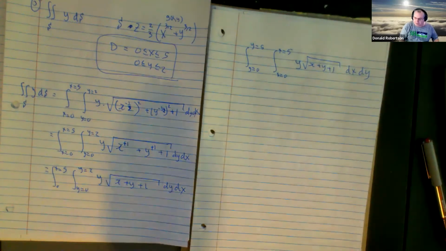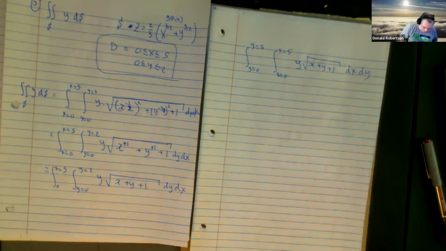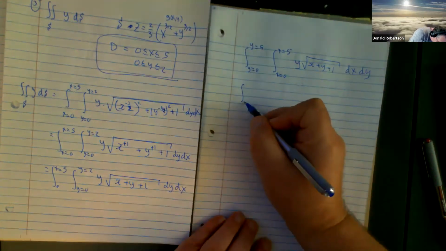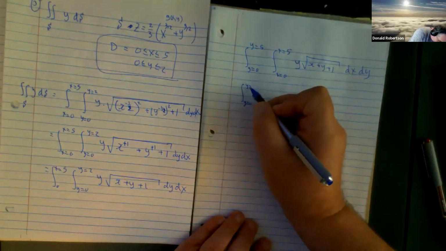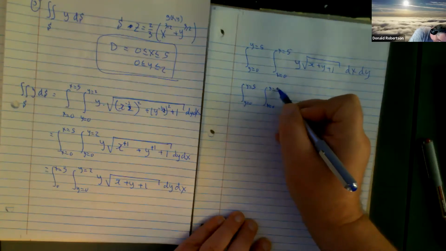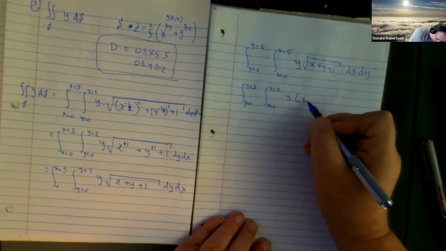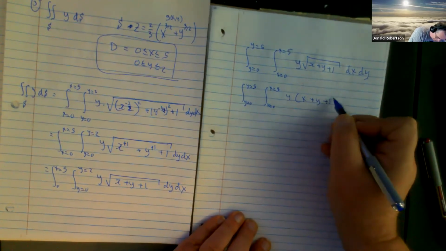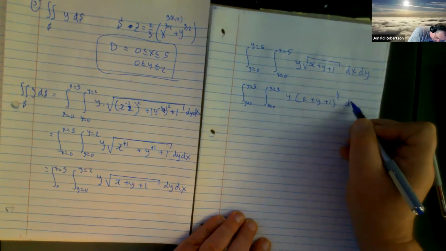If they're both numbers, can't you switch them? It doesn't matter. Now that means I can use a little trick. I'm going to call this x plus y plus 1 to the power of a half, dx dy.